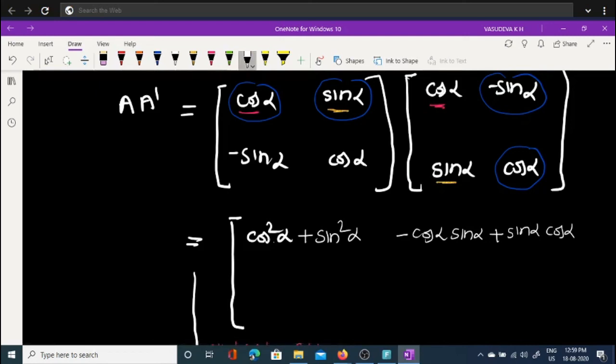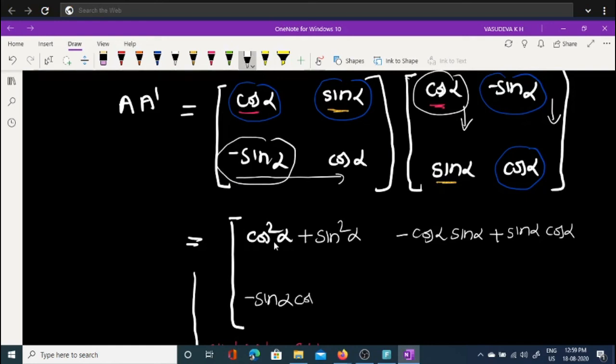Now taking the second row and the first column, minus sin alpha into cos alpha, plus cos alpha into sin alpha.